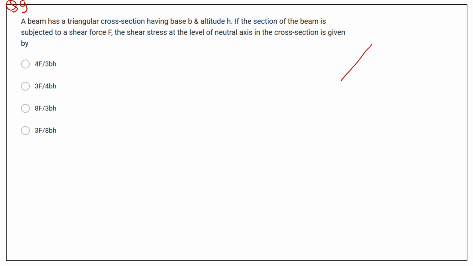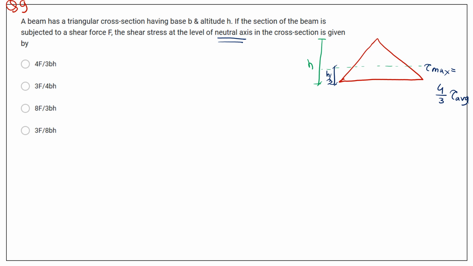This is a triangular section, and in the triangular section, this height is h. About the neutral axis, this is the line, and this line is at h by 3. For the neutral axis, the shear stress is equal to 4 by 3 times tau average.